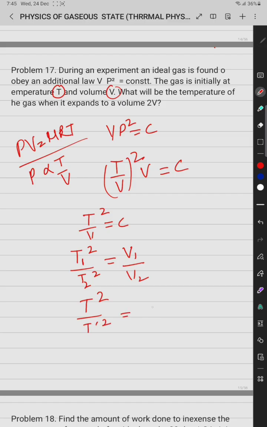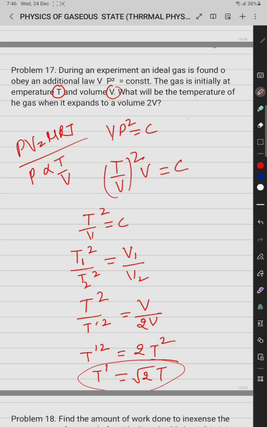The initial volume is V and the final volume is twice V. So T dash square is equal to twice T square. Therefore T dash, the final temperature, is root 2 times the initial temperature.